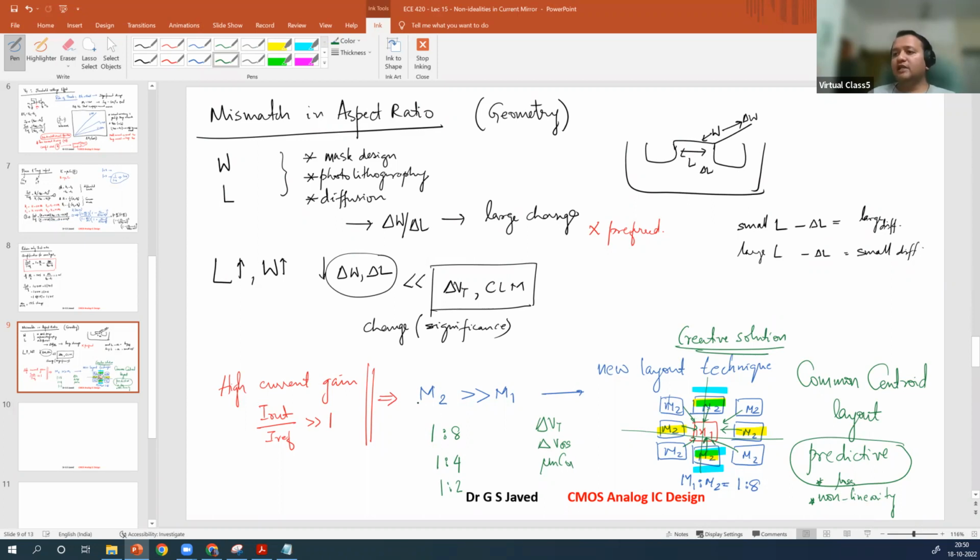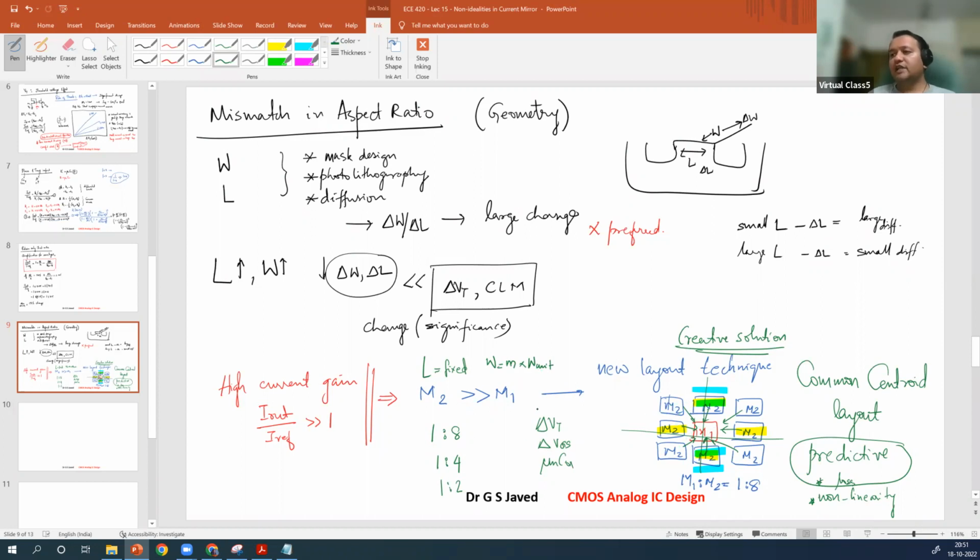The important thing here is, in all these cases, L is fixed. Okay, only the W is multiplied with a unit W value. So if you have M1 as 1 unit W device, the M2 will be an integer multiple of the W unit device.